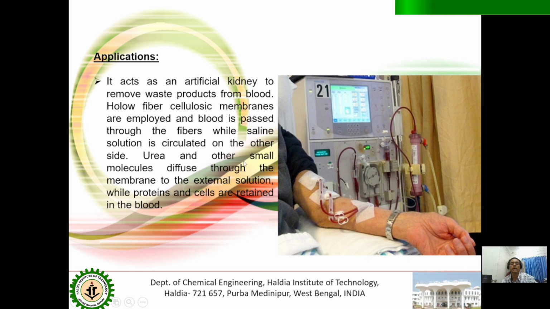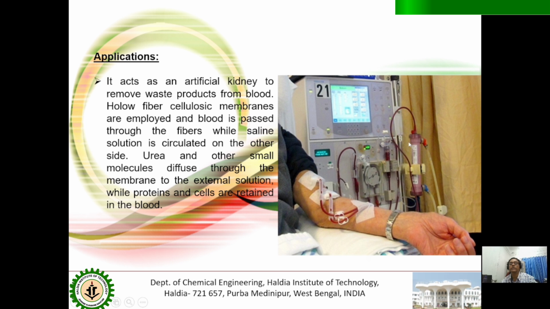So urea and other small molecules diffuse through the membrane to the external solution while proteins and cells are retained in the blood. By this dialysis process, the unwanted materials such as urea and sodium chloride are taken out from the body, but the protein and other essential nutrients are retained in the body.